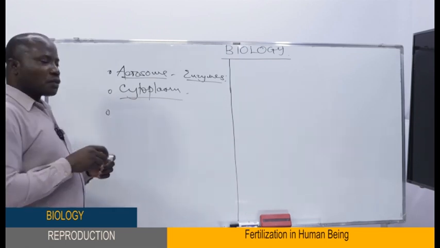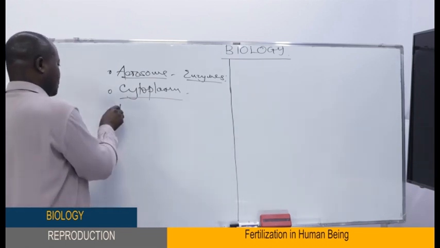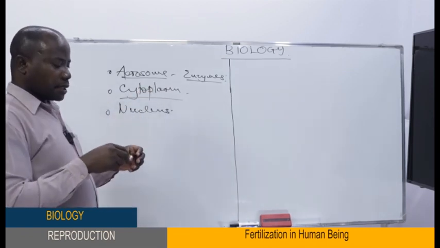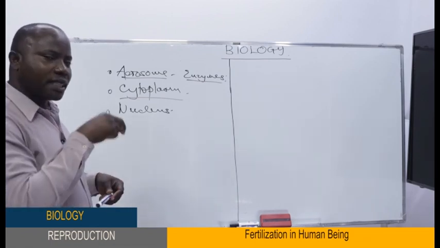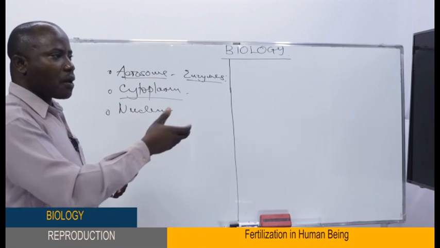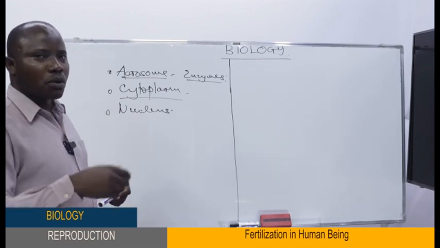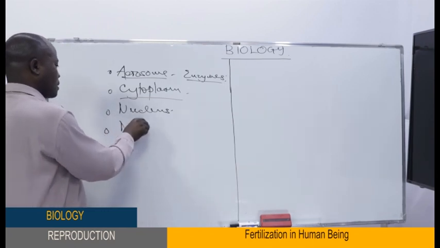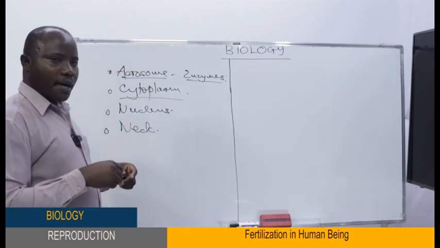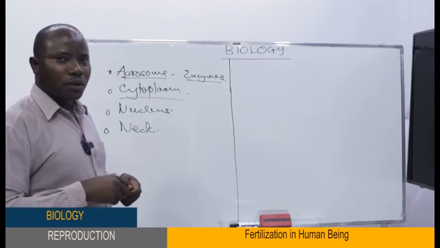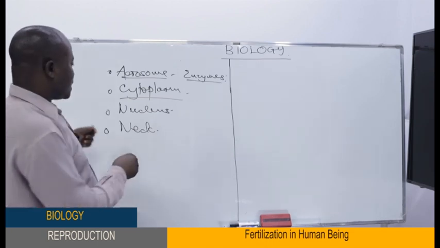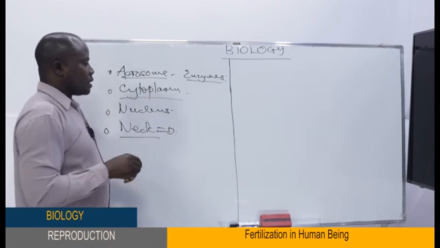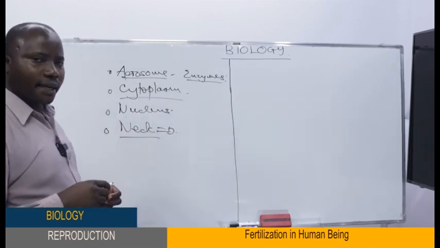But also the role of the nucleus. The sperm cell has a nucleus. What is there within the nucleus and how is it responsible for fertilization? But also the neck, a very thin part just behind the head of the spermatozoa. What the neck consists of and what is the function of that component.